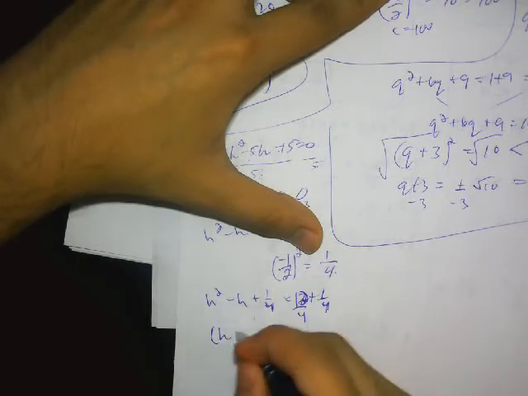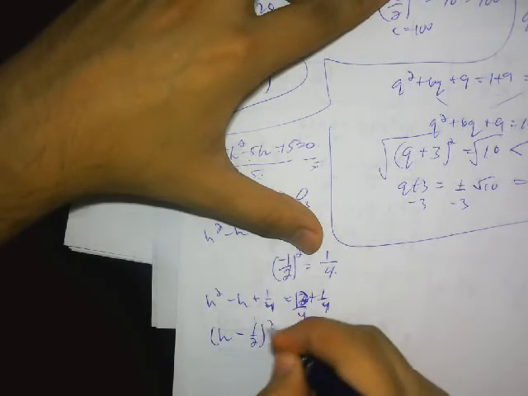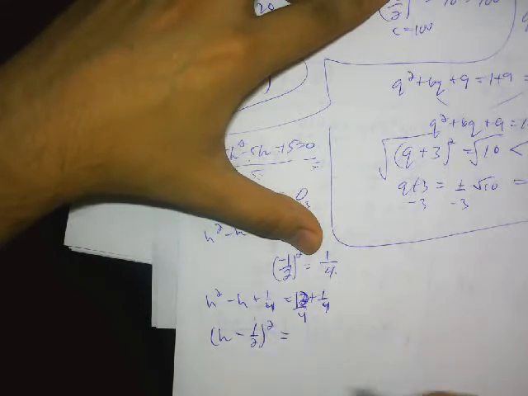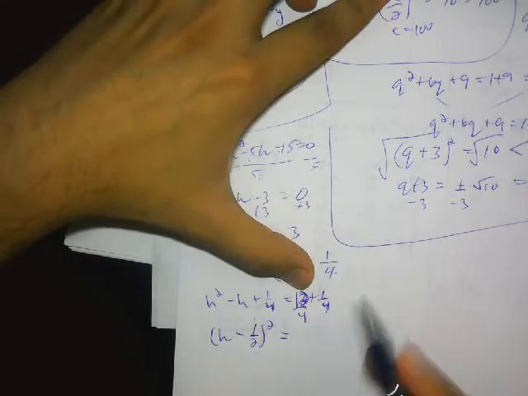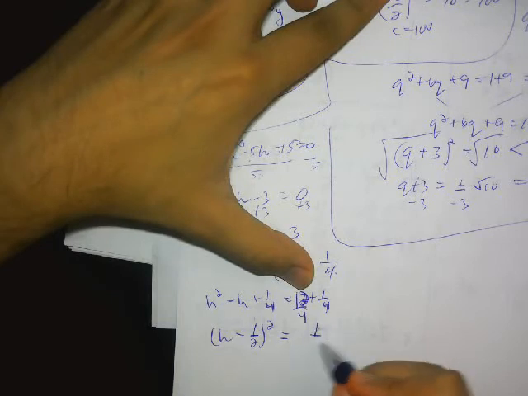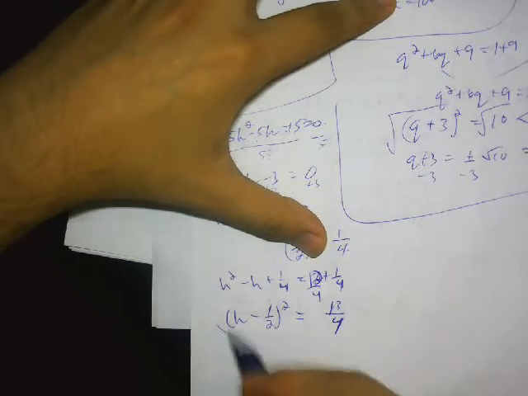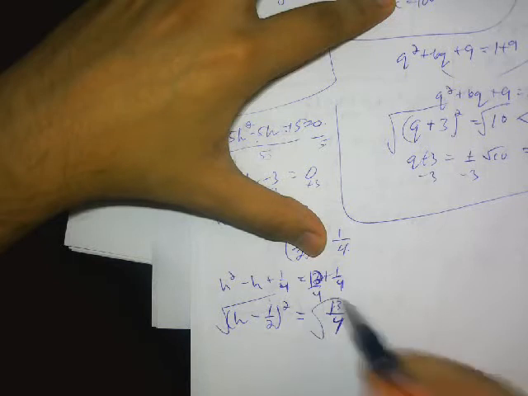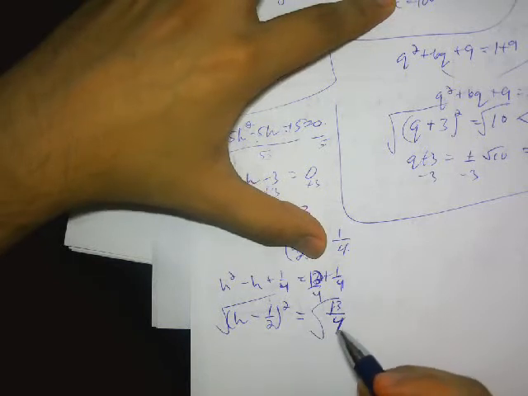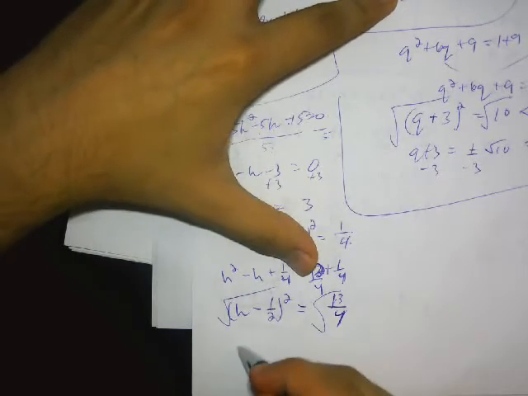Alright. Now that we have it like this, we can take the square root of both sides. h minus 1/2 is equal to plus or minus the square root of 13 over the square root of 4, which is 2. And the last thing here is to add 1/2 to both sides.